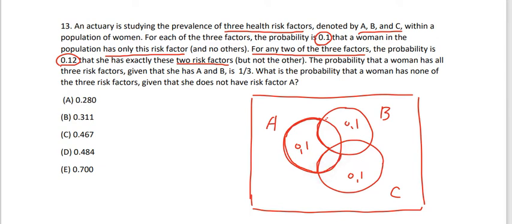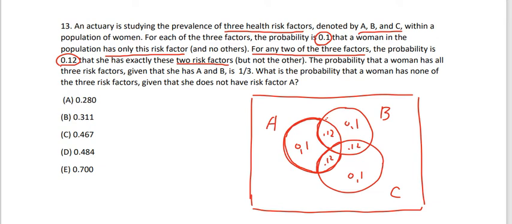So here exactly two, right? Those parts. So here we have exactly three. So this is 0.12. So 0.12, 0.12, 0.12. So this 0.12 is exactly these two.